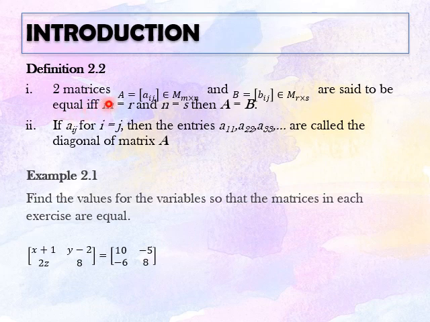Two matrices A, with elements Aij, of order m times n, and B, with elements Bij. The elements or entries of A, we write Aij: A11, A12 up to Amn, where m is the number of rows and n is the number of columns.